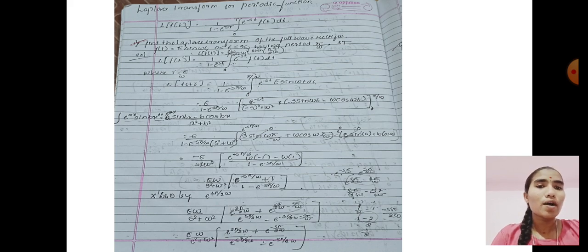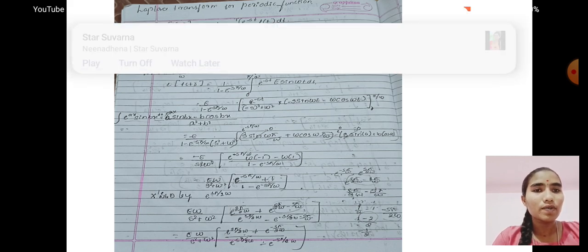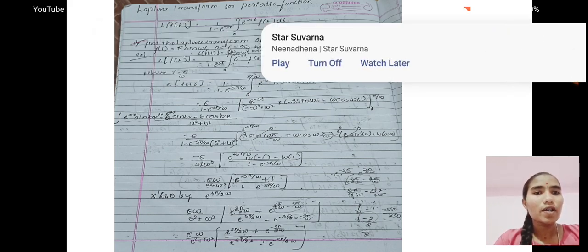Now we are going to apply limits for the value of t. E divided by 1 minus e to the power of minus s pi by w, into 1 by s square plus w square. We apply the upper limit as well as the lower limit.